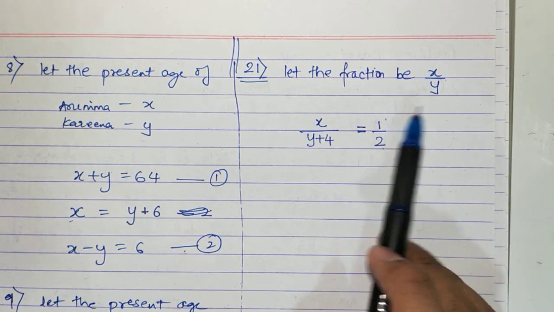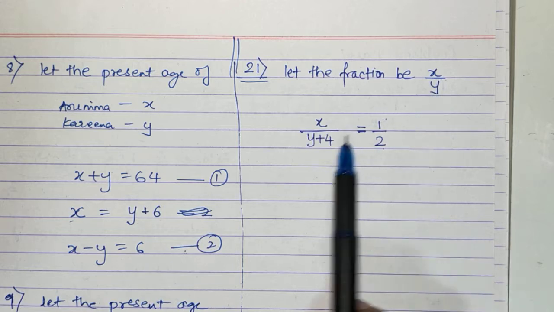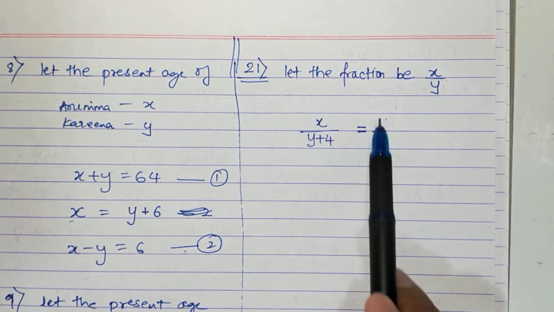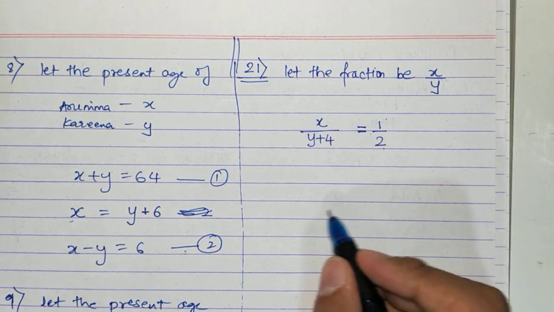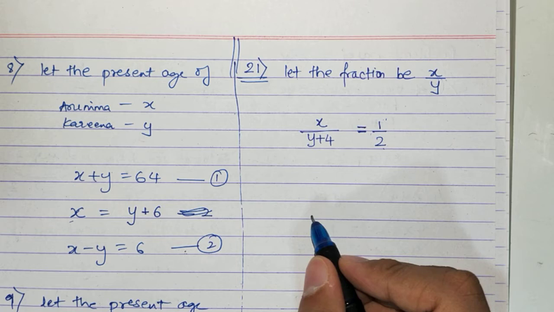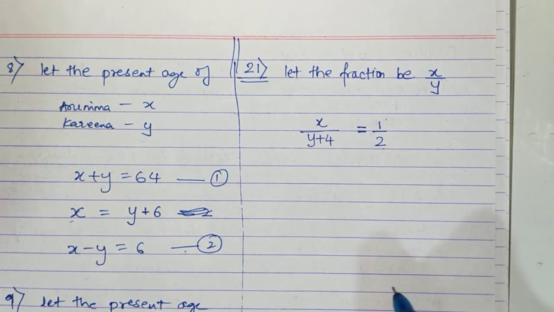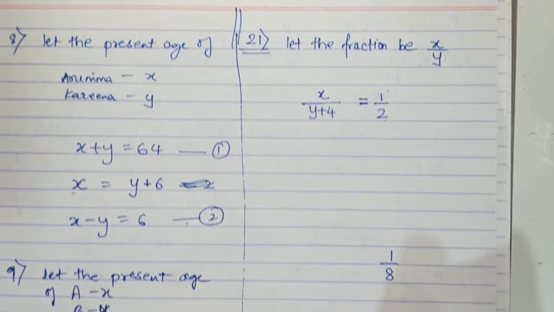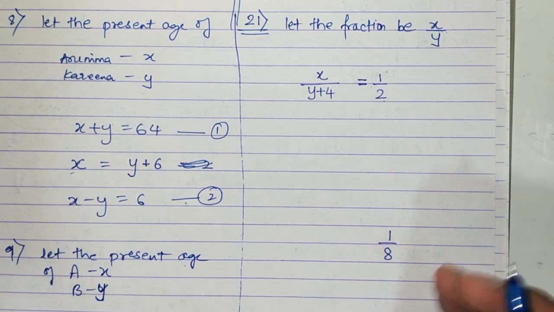So the first part of the question says that when the denominator of the fraction is increased by 4, the fraction becomes 1 upon 2. And the second part says the fraction will become 1 upon 8 when the numerator is diminished by 5. Diminished means reduced.